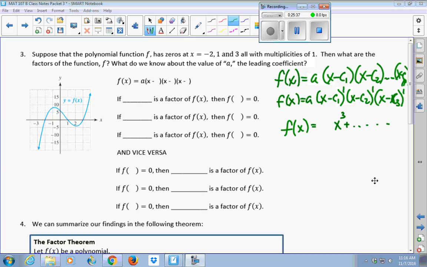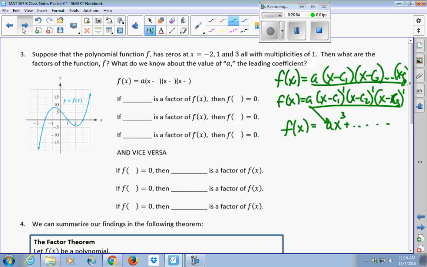Do I know what the coefficient's going to be? Do I know what sits out here from looking up here at this one? A. Whatever A is in factored form is exactly the same as the leading coefficient. That leading coefficient never changes, whether it's outside all of your factors or whether it's the leading coefficient in your polynomial form. Always the same.